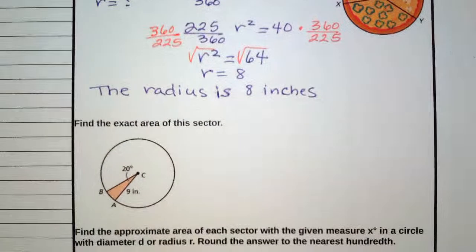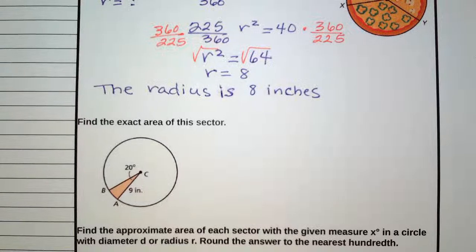Okay, find the exact area of this sector. Pause the video. Can you apply the formula now? What is your x? What is your r? How do you plug and chug?